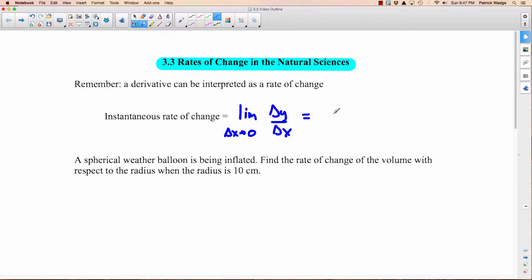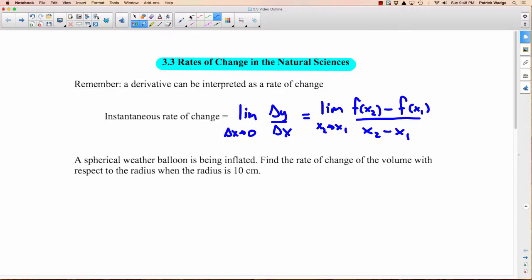And in terms of our functions, we could say it's the limit of the change of y, which would be f of x2 minus f of x1, all divided by x2 minus x1, as x2 approaches x1.